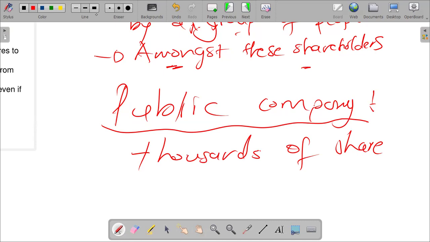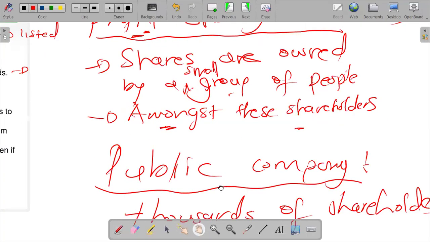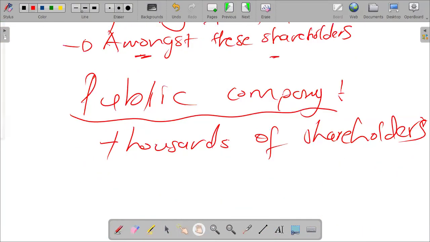So the company cannot share the profits just like what happens in a private company. So they share them in the form of dividends.